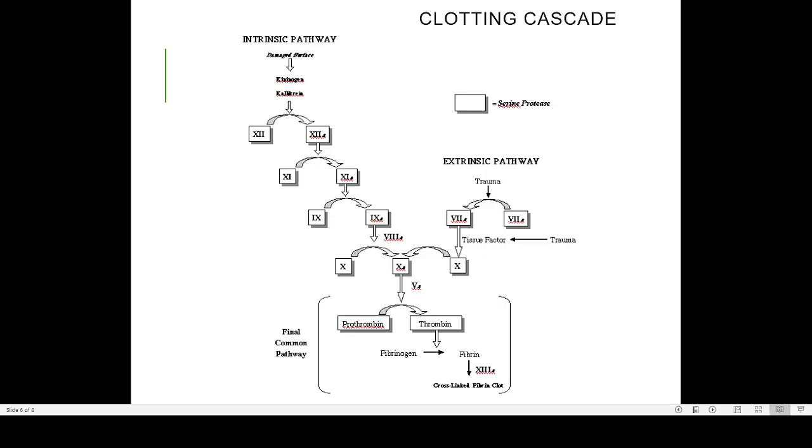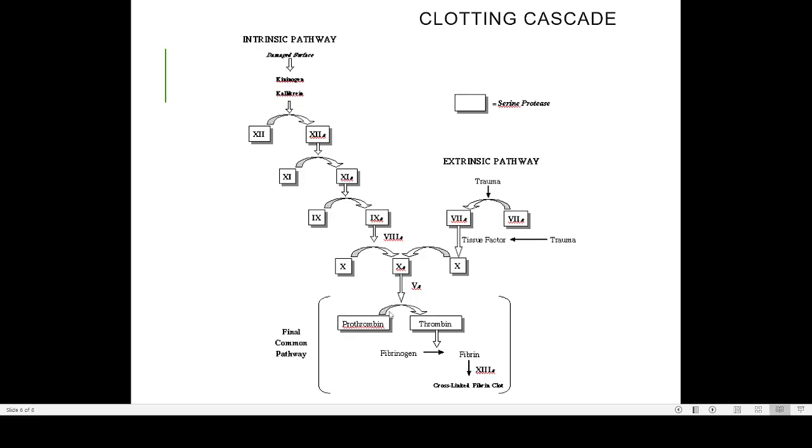Thrombin is the enzyme. It is the main enzyme responsible for converting fibrinogen into insoluble fibrin threads. When insoluble fibrin threads are formed, the clotting process is actually taking place. For that, this enzyme known as thrombin is needed, but it is normally present in the blood in an inactive form known as prothrombin.